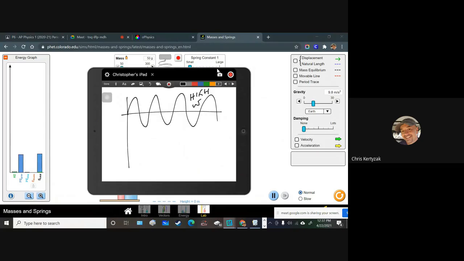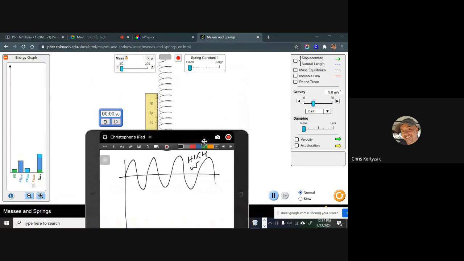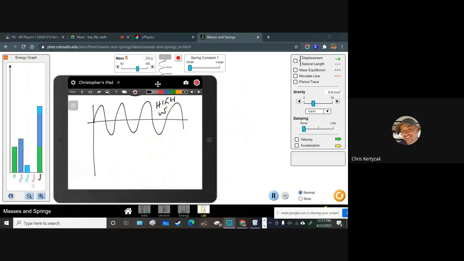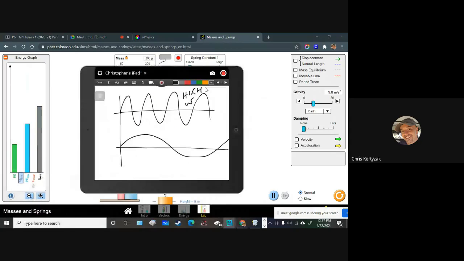You'd say high omega. On the other hand, if I were to go like this and see what that graph looked like, it would look more like this, so this is a low omega because it's not going through its cycles very quickly.